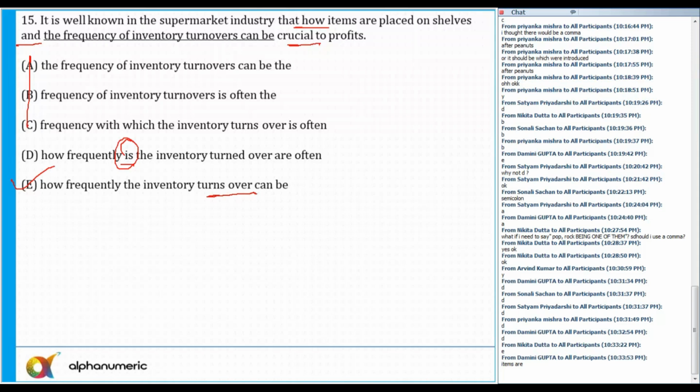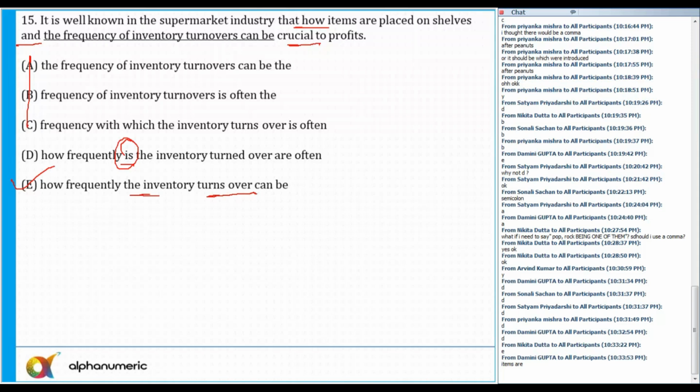Number D: how items are placed on shelves and how frequently is the inventory turned over? Or how frequently the inventory turns over? I think E is the better one.